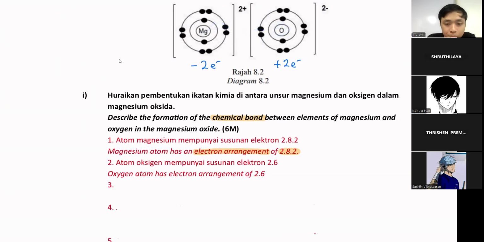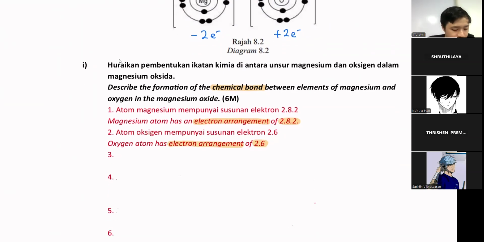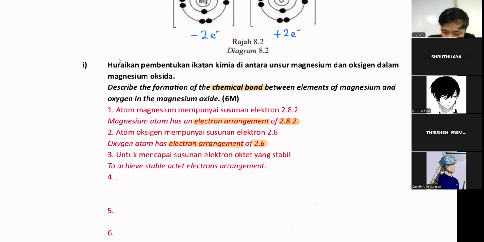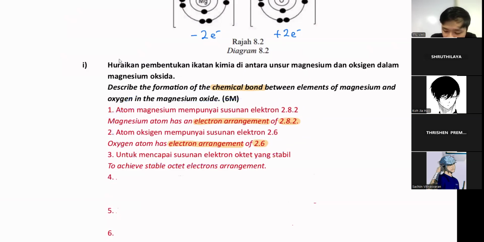So it becomes stable: original 2.6 becomes 2.8. Point 3, you can talk about they are doing all this just to achieve stable octet electron arrangement.